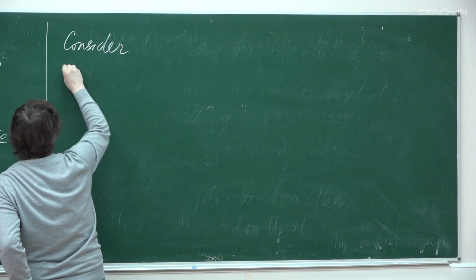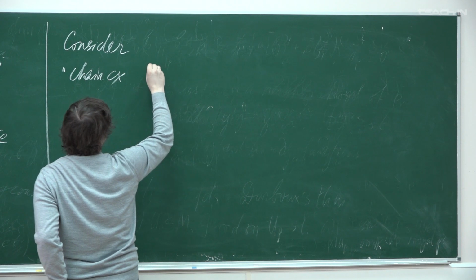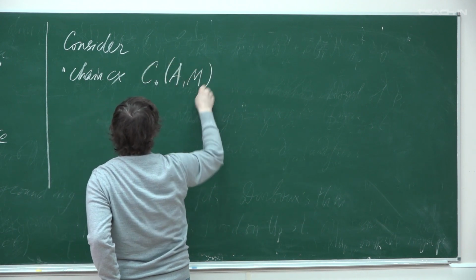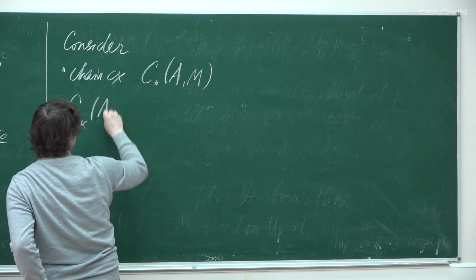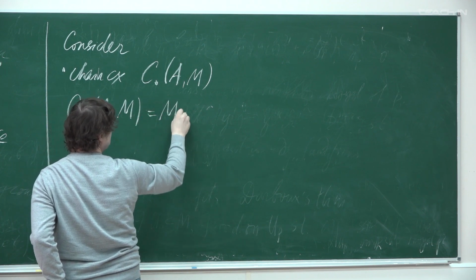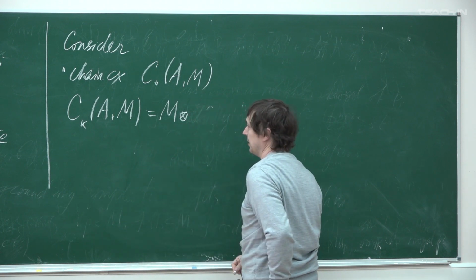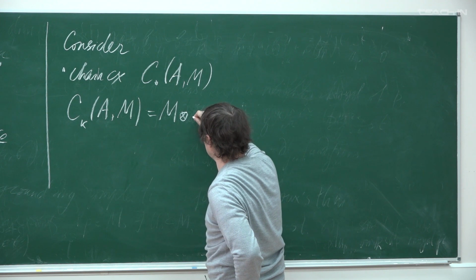So the left one will be the chain complex, which I'll denote by C dot A comma M. And in dimension K, this complex will be equal to the tensor product of M, which is traditionally written on the left, although of course you can write it on the right as well, due to the commutativity of tensor product, right?